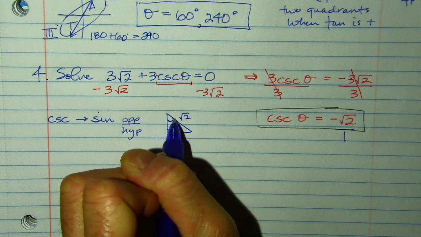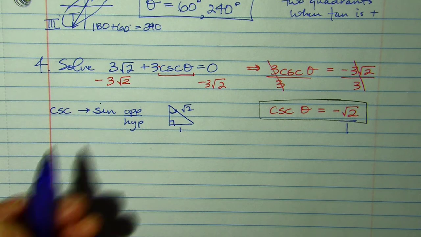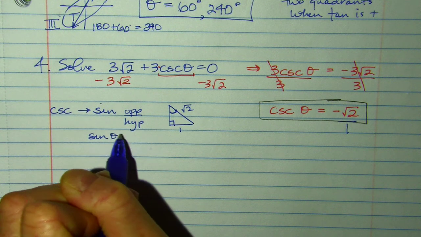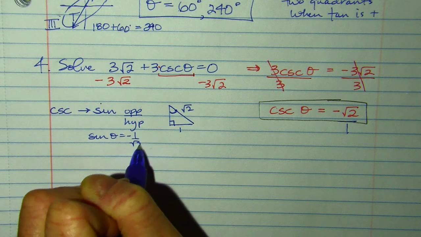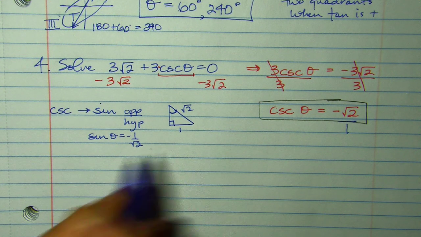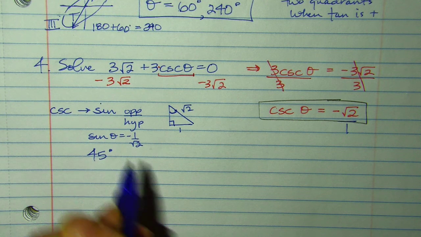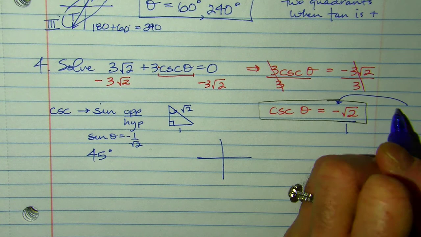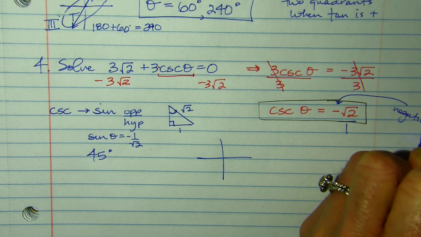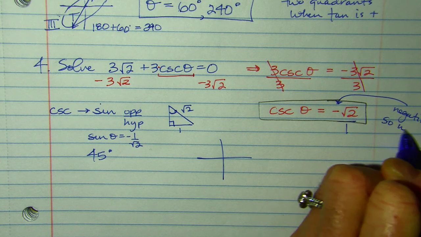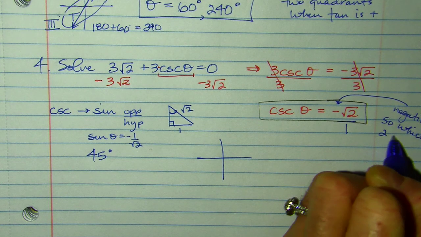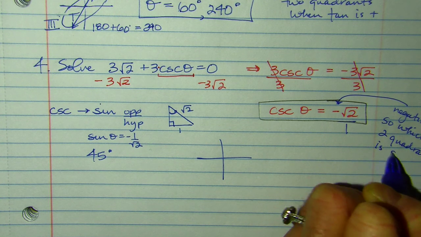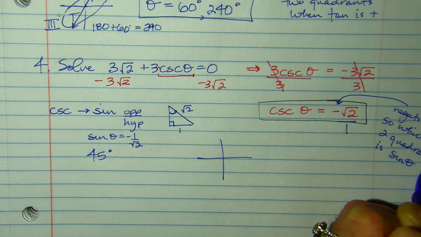So I'm looking at the 45-degree angle, because sine of theta would be negative 1 over root 2. So I'm looking at the 45 degrees. However, it is negative. So in which two quadrants is sine of theta negative?